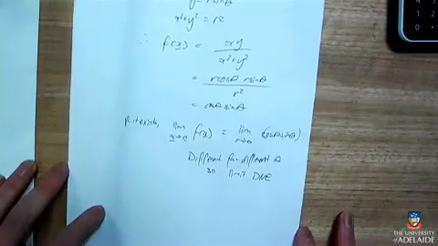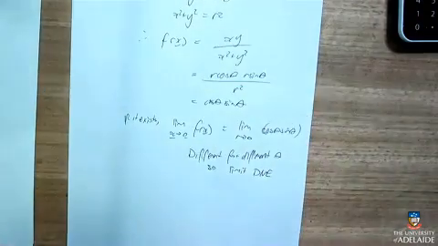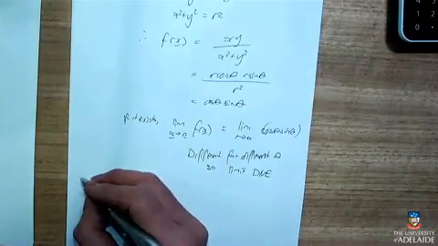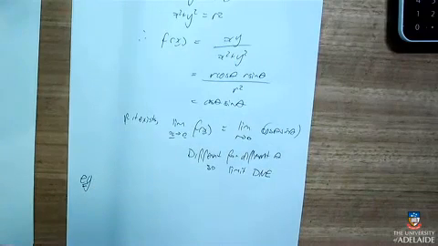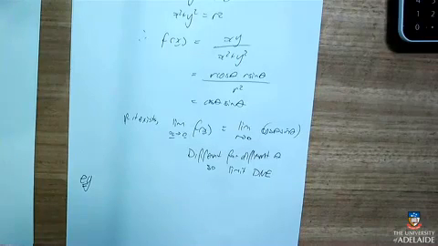Okay, so here's a question. What should I change this to so that the limit will exist? There's lots of things I could do.